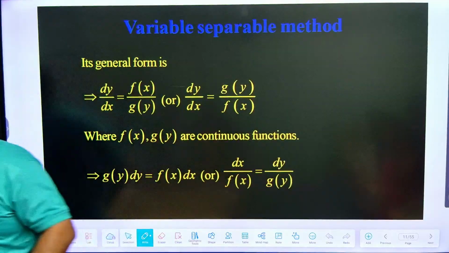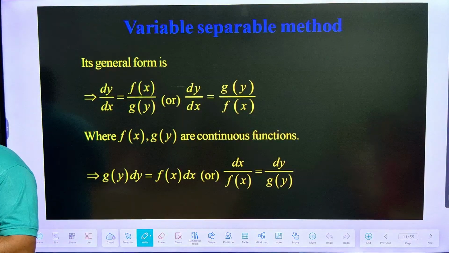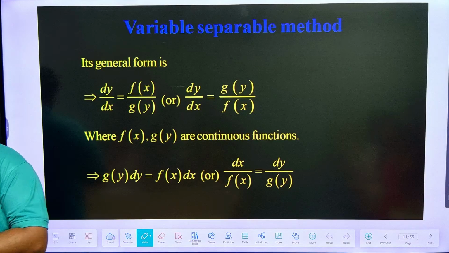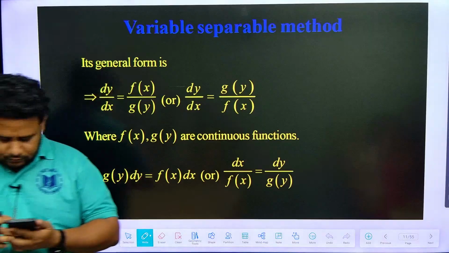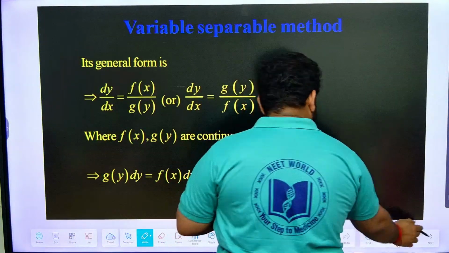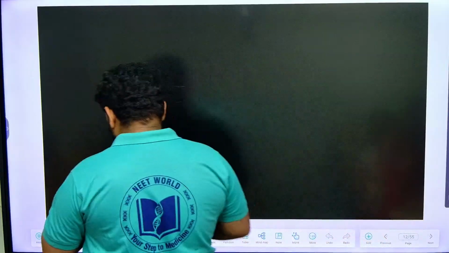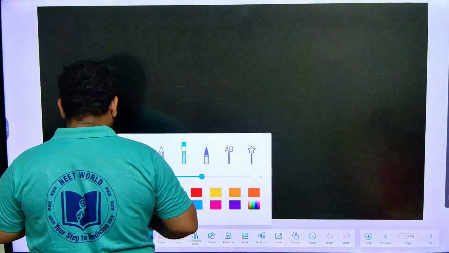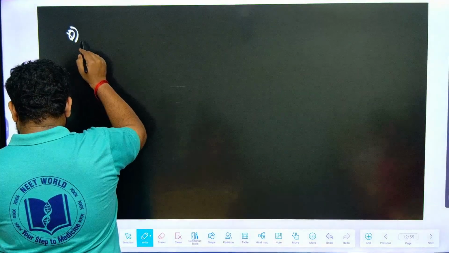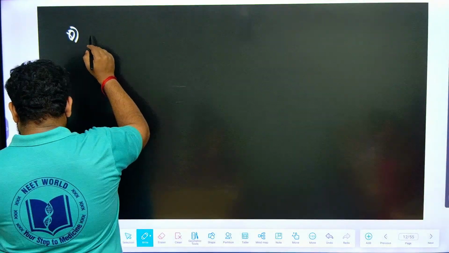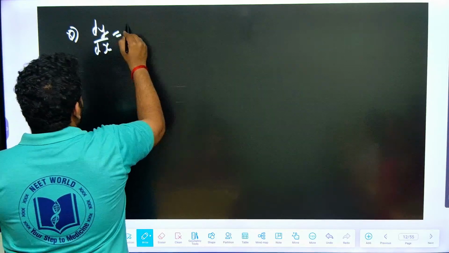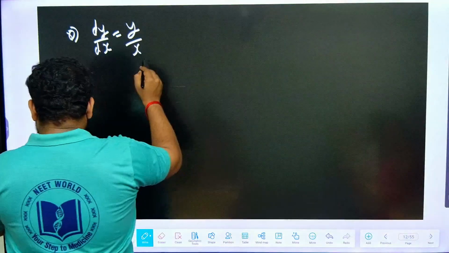Let us take some examples for the variable separable method. Suppose we are given dy by dx is equal to y by x.